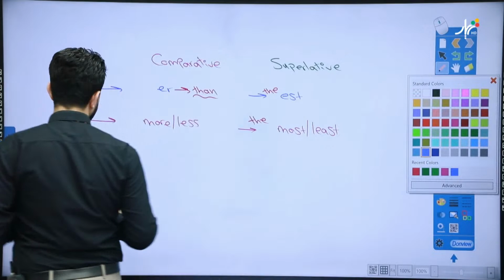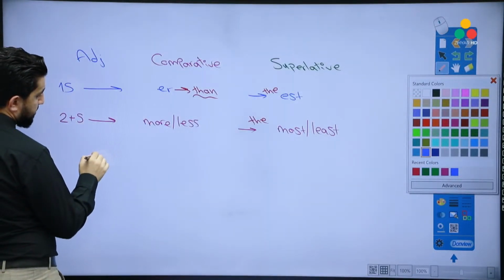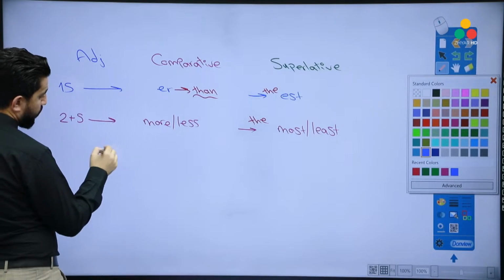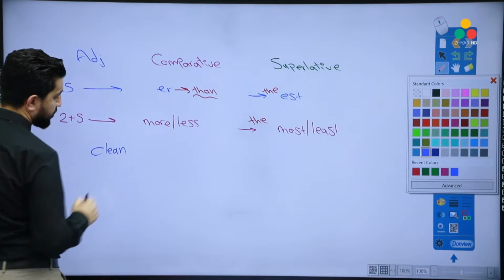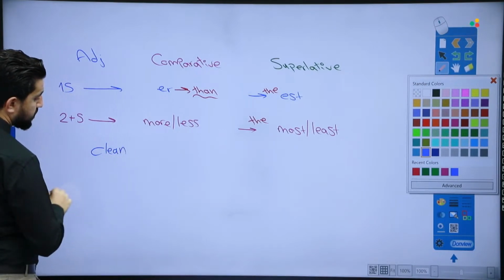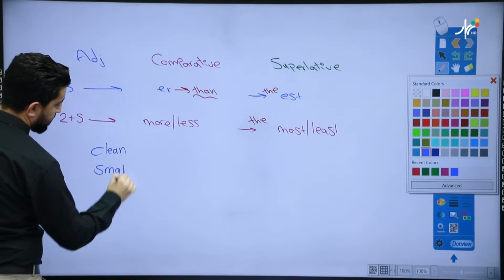So for example, we have the word clean as an adjective. We have the word small as an adjective.